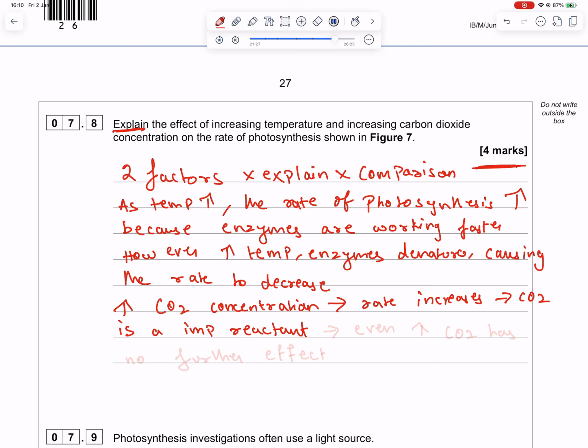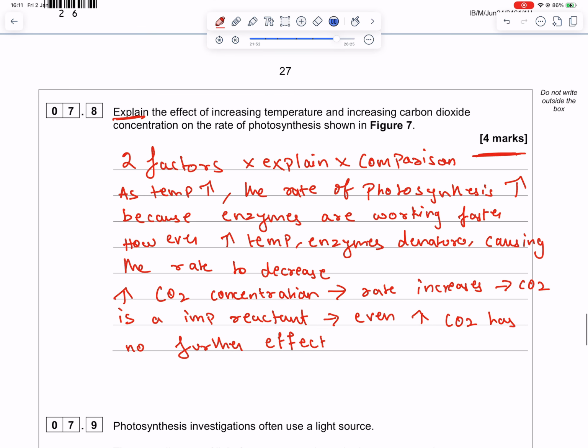And again, once another factor becomes limiting, like temperature, even increasing the CO2 has no further effect. This is a simple concept, but you just need a certain patience to understand that.